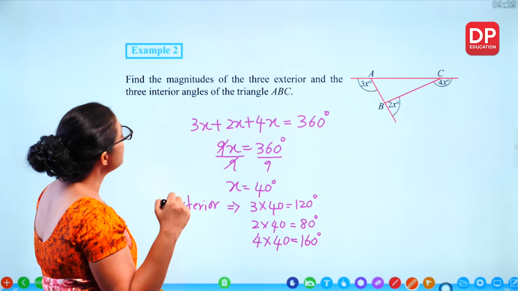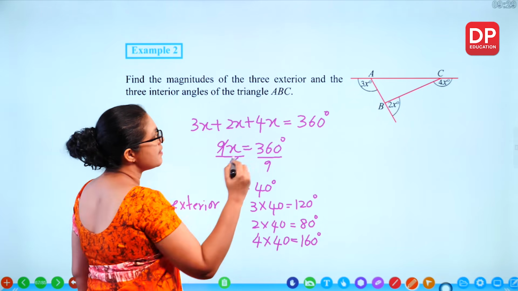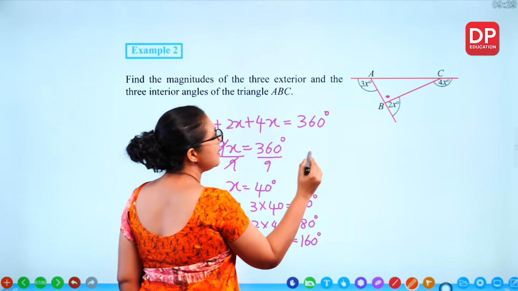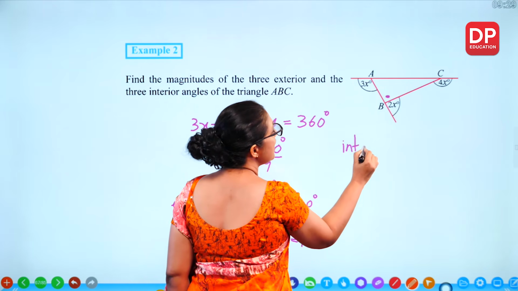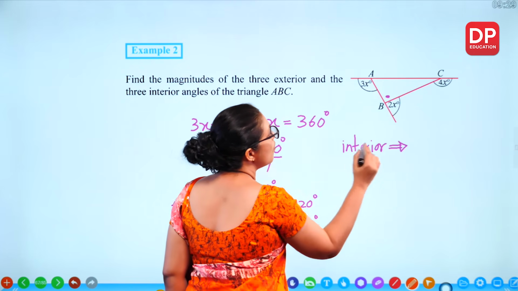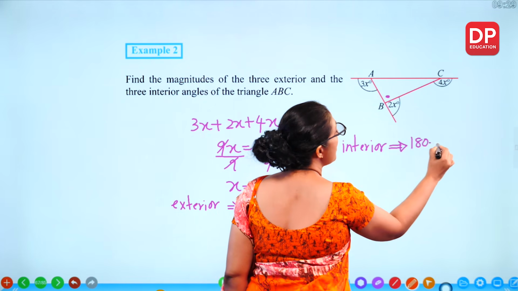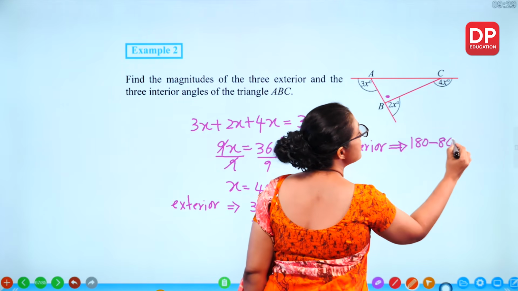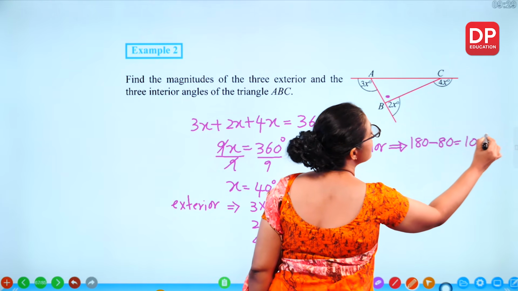Now we'll find out the interior angles. What are interior angles? This one is 180 minus 2x. So interior angles. One is 180 minus 2x. 2 times 40, that's 80. So 100 degrees.